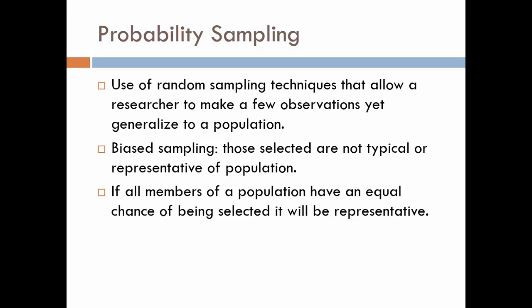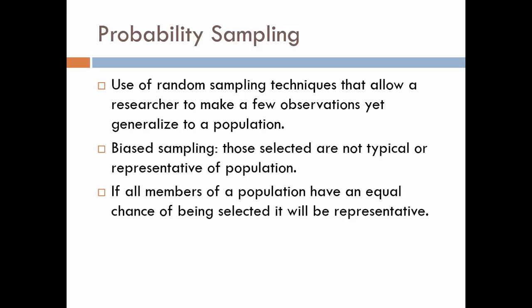Okay, so a biased sample is when those selected are not typical or representative of the population. And this can frequently happen in non-probability sampling. So the way we get around that is to use probability sampling. So it's probability sampling if all members of the population have an equal chance of being selected.